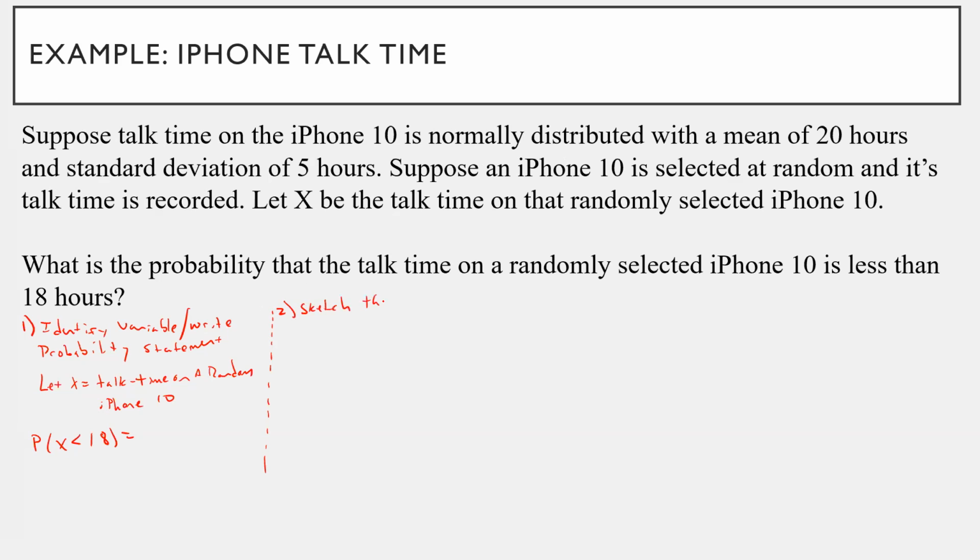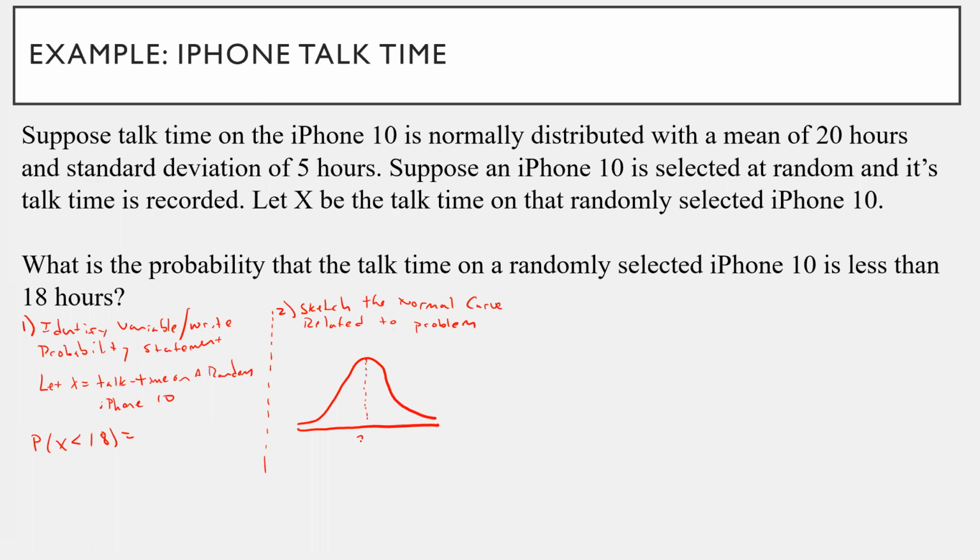Is you're going to sketch the normal curve related to the problem. All right, so what I'm going to draw here is the iPhone talk time. Okay. So the mean was 20 hours, okay?